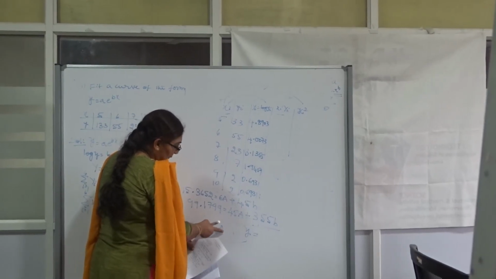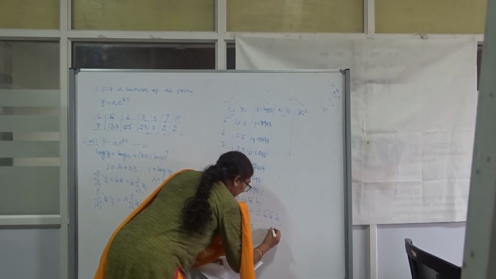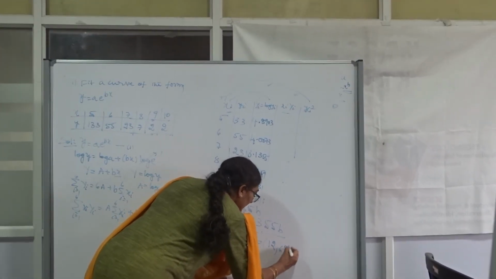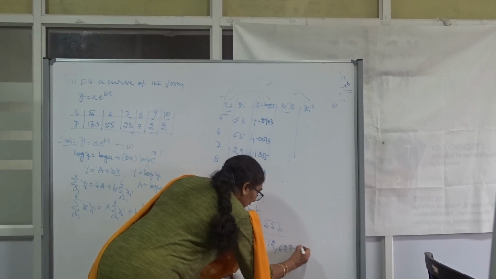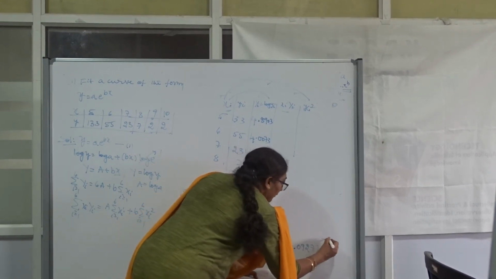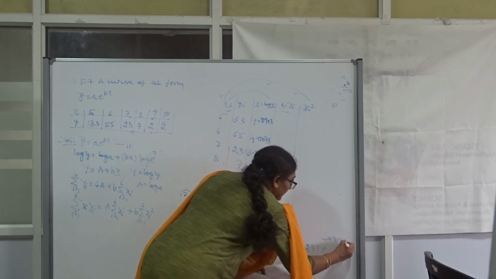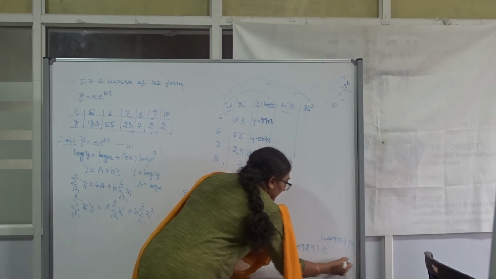After we take the exponential of capital A, we get the a value 12,627.0927 into e power of minus 0.9177, which is the b value, into x.